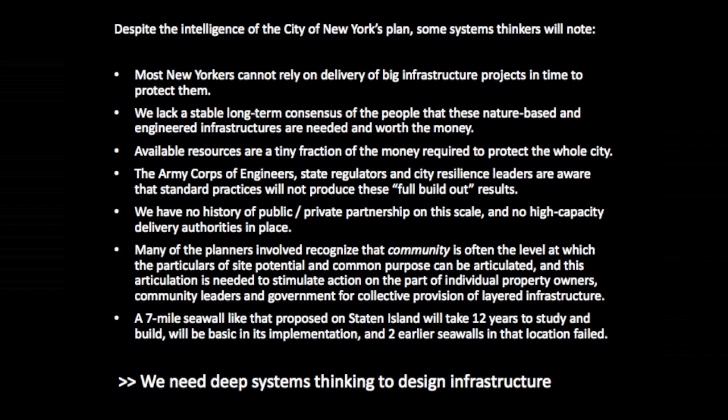So there are huge people problems, huge institutional problems, and it's a very coarse grain. We're not even getting down to the grain of community, which is probably the best place to articulate a common project. So all of that leads us to a clear understanding that deep systems thinking is necessary to design good infrastructure in this area.